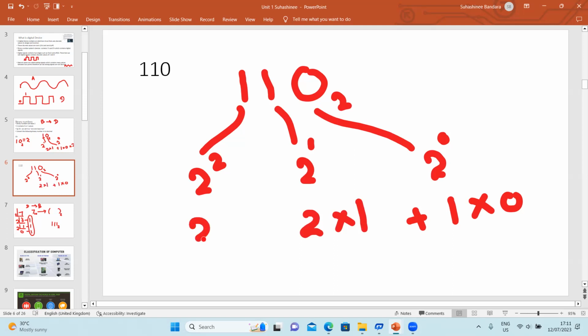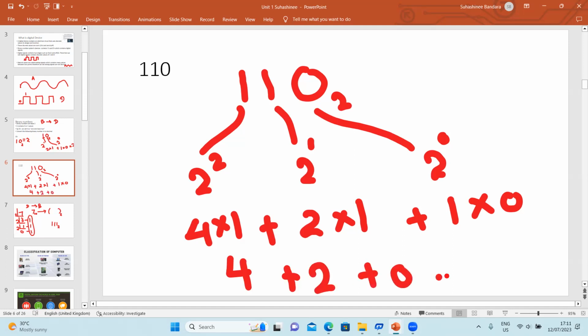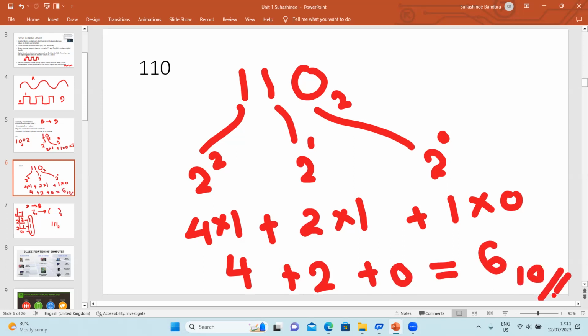Then 2 to the power 2 means 4, 4 multiplied by 1. Add all the values. We have 4 plus 2 plus 0 equals 6, base 10. Check whether you have written the base 10.